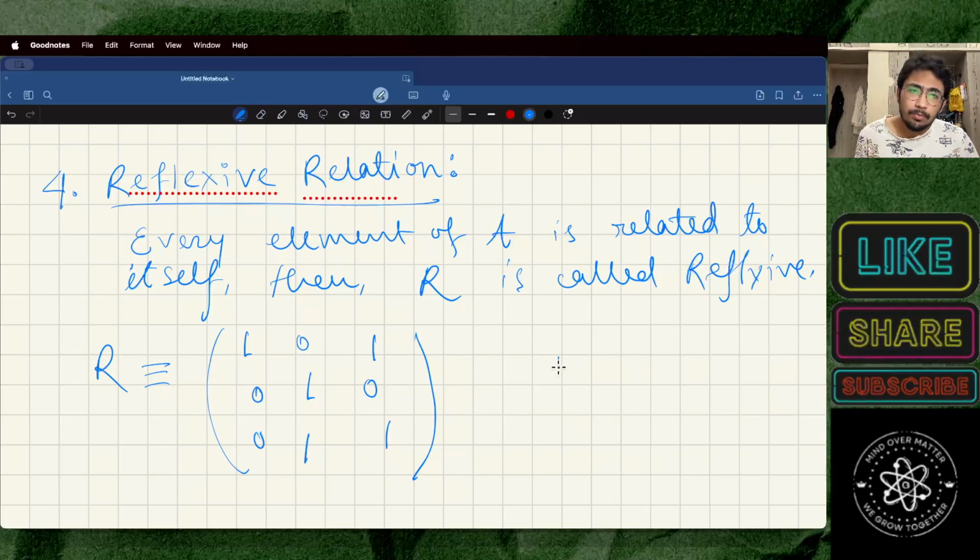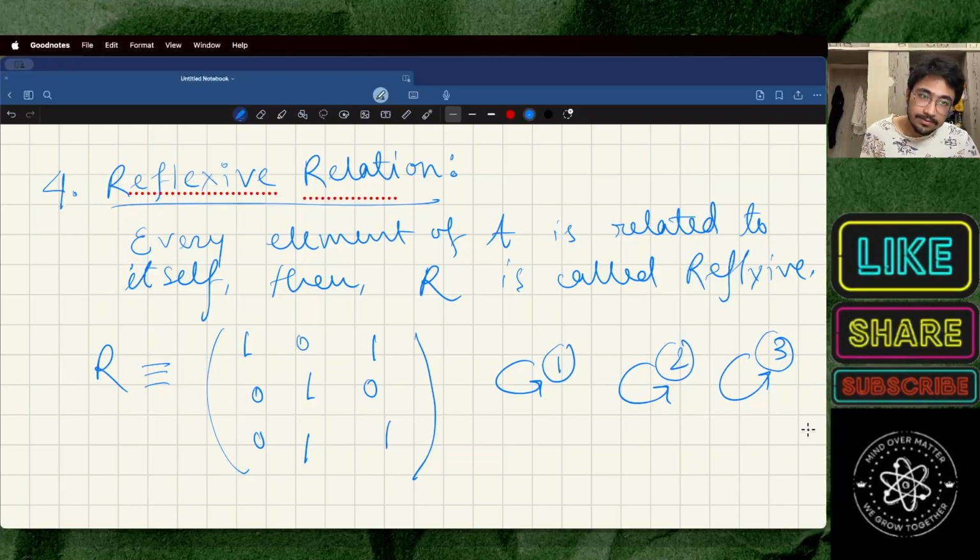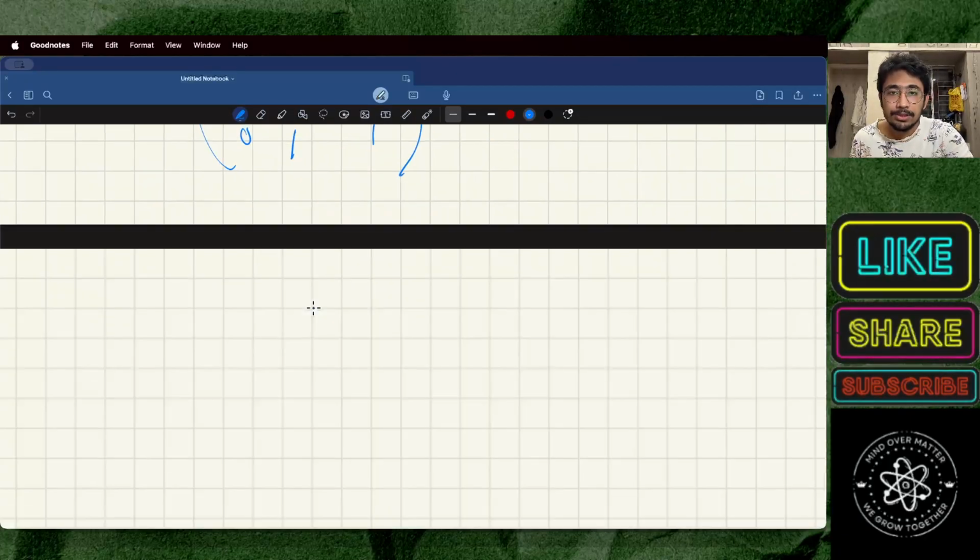We don't care if 1, 2 and 3 are related to one another or not. We just care if each is related to itself. If they are related to themselves, then we call the relation reflexive. We don't care if 1 is related to 2 or 3. It doesn't matter to the reflexive property. So this is a reflexive relation.